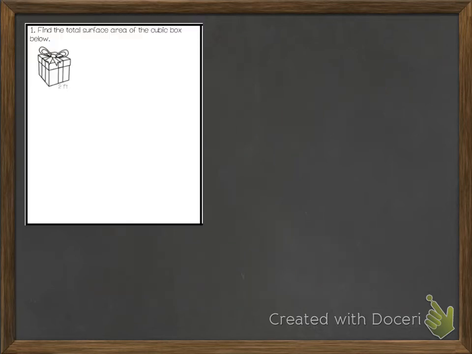Let's get started. If you have the PDF of this or you're looking at it, you'll notice that the numbers go down. So we're going to be working 1, 2, 3, and 4, which is on the left side of the page, because you're actually going to be completing the right side of the page on your own. I did that because I wanted your examples to be right next to each other.